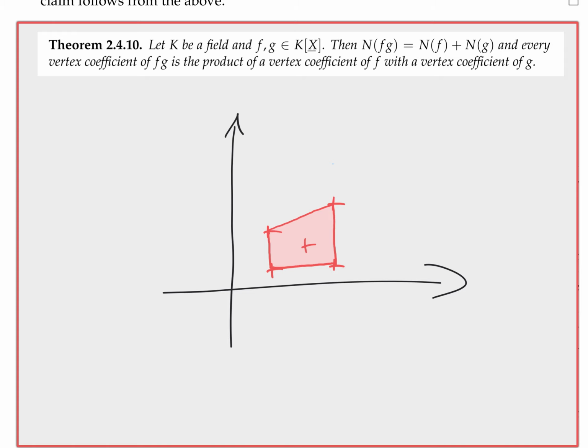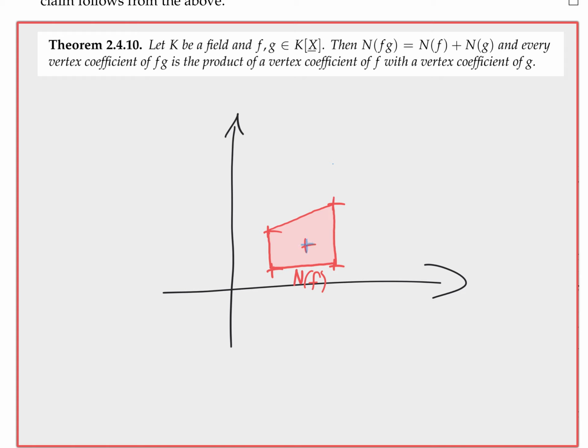And then I have another polynomial. Sorry, that's the Newton polytope of f. Then I have a Newton polytope of g, and say this has some points in common, right?